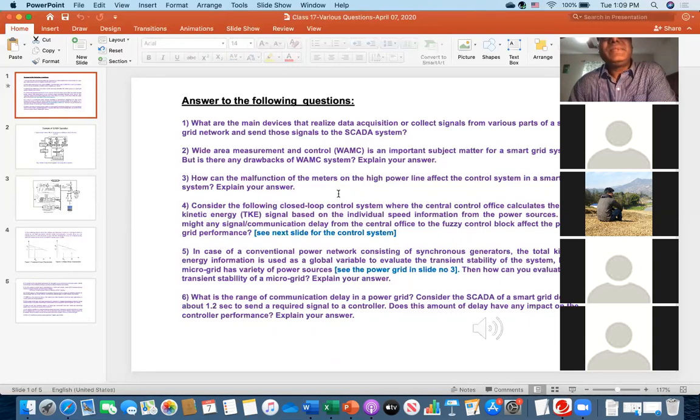Now, if there is any malfunction of the meters, this means if the CT and PT do not measure correctly, then the controller will get a wrong signal. Accordingly, the controller will behave inappropriately, and that will impact the performance of the grid system. So that is the answer.